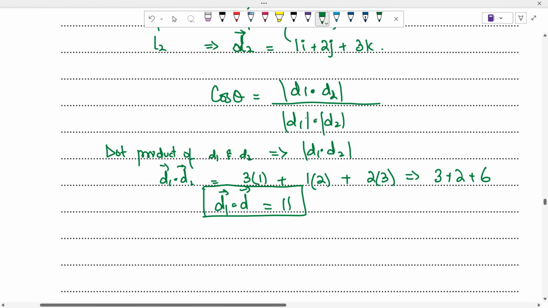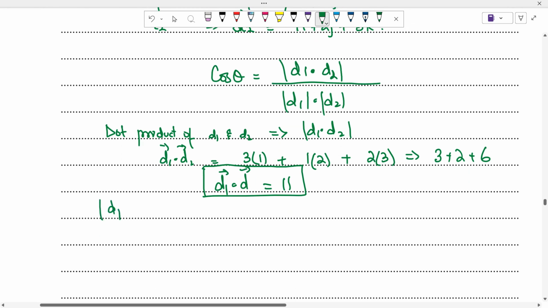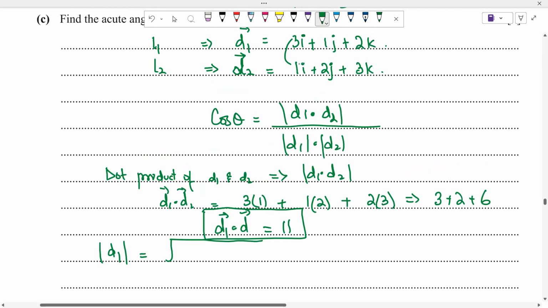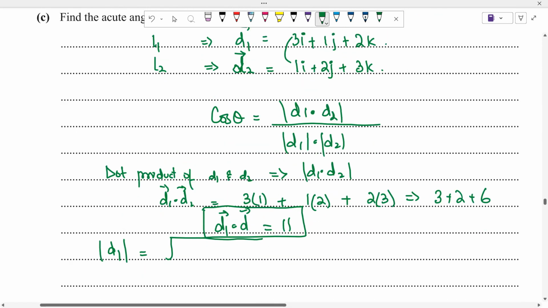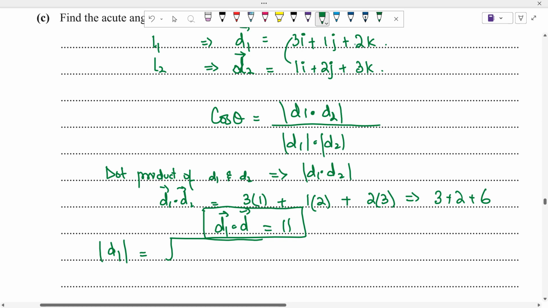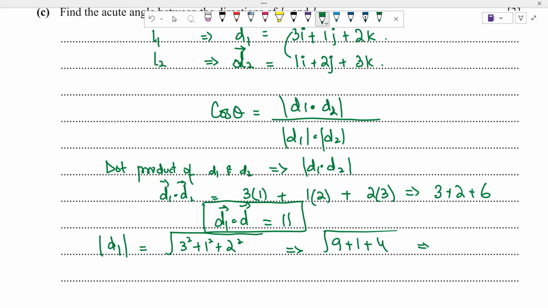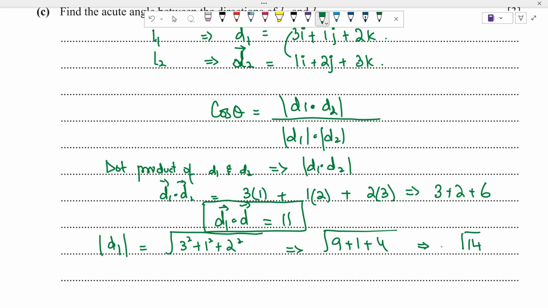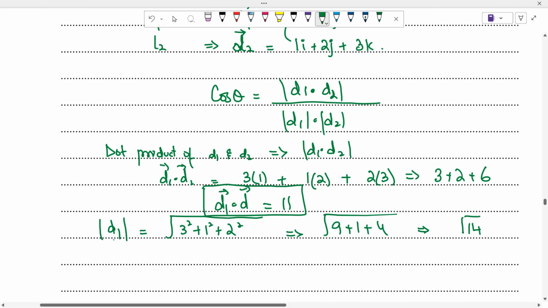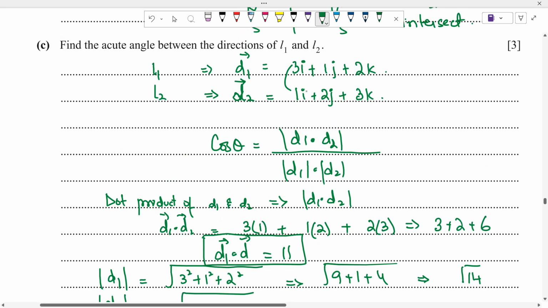Now we find the magnitude of D1. The magnitude of D1 is equal to the square root of the sum of the squares of the i, j, k components.